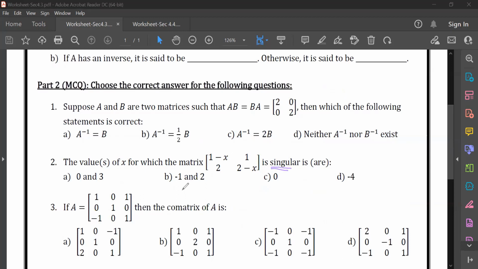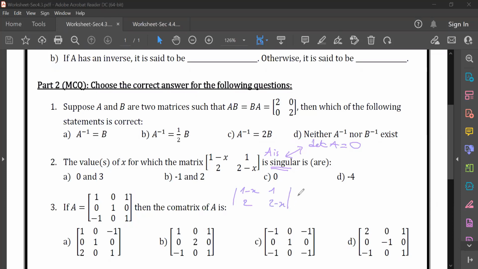When this matrix is singular, how can you answer this question? Determinant 0. Now the matrix A is singular, which means the determinant of A is 0. So here we look for the values of x which make the determinant of this matrix equal 0.